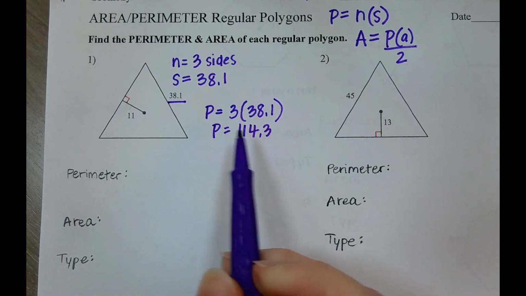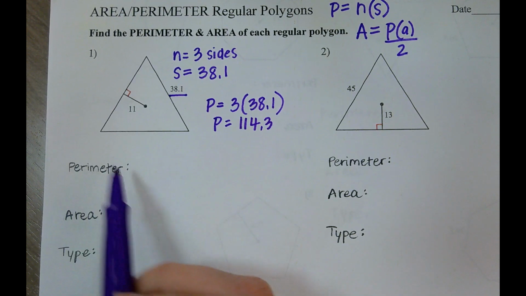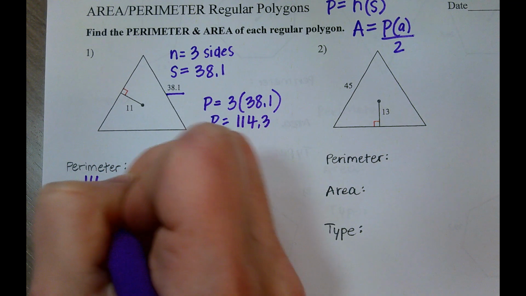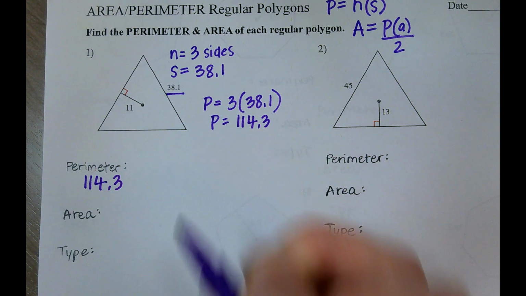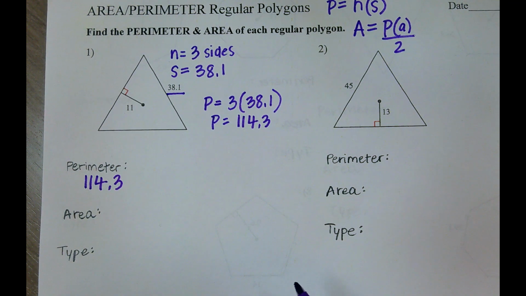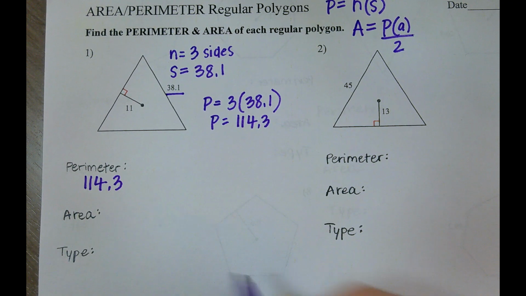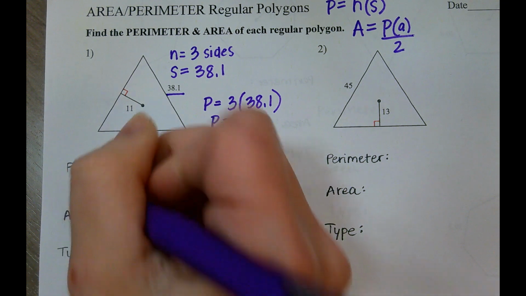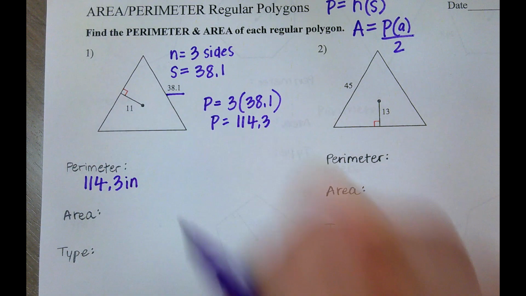So we've got perimeter. Let's go ahead and write that below here. 114.3. And this paper actually does not give us units, so we're just going to assume inches.